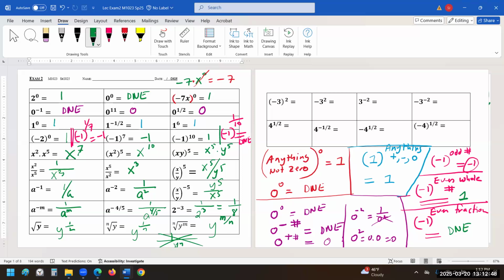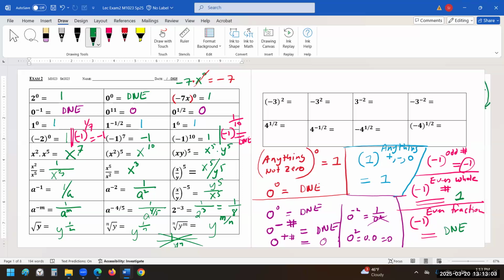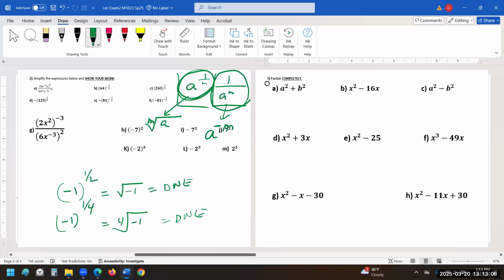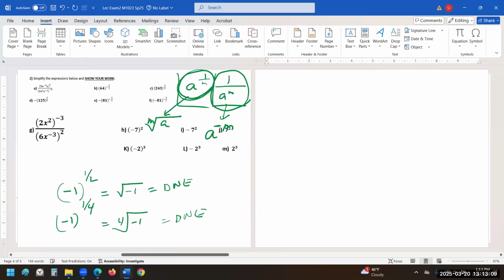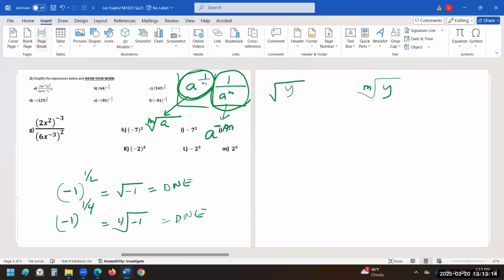So all of these are rules, and the next box is the application. First one is the square root of y. Second one is the mth root of y. And the last one is the m power and the nth root. Anytime you don't see a number, that means you have an invisible 2 there.